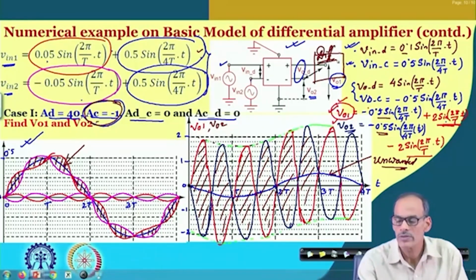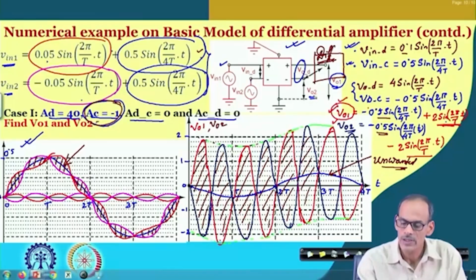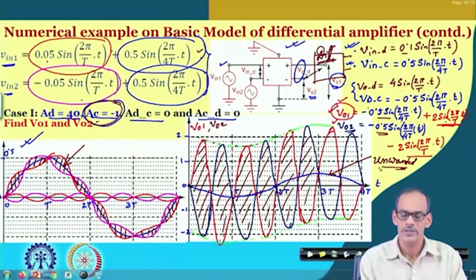Based on the AD and AC of the second differential amplifier, this common mode part, the unwanted part, can be further suppressed, and then you can get the individual signal coming out of the second differential amplifier. Hardly will it have this unwanted signal.